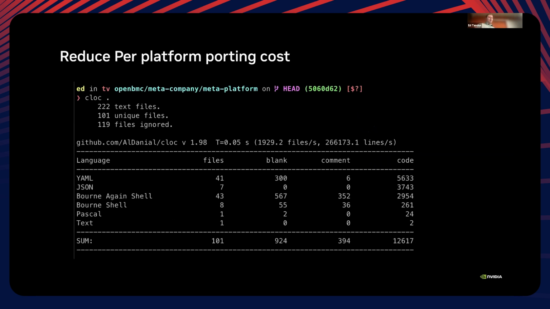This is one platform in the tree. I will not say which platform it is to protect the innocent. But it required 222 text files to do a platform port for one platform. And what's that? 12,000 lines of code or config.